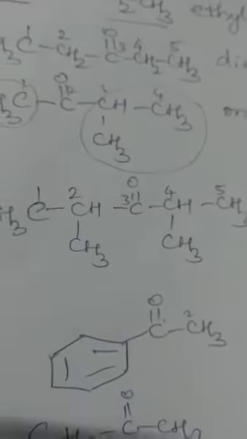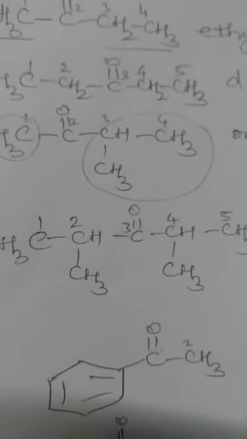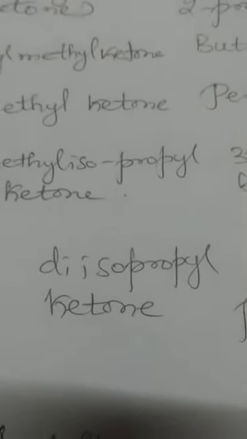Coming to the next example, wherein there are 2 isopropyl groups, as you can see here: CH3CHCH3, C double bond O, CHCH3CH3. So the common name will be diisopropyl ketone. On either side of the carbonyl group, there are 2 isopropyl groups.